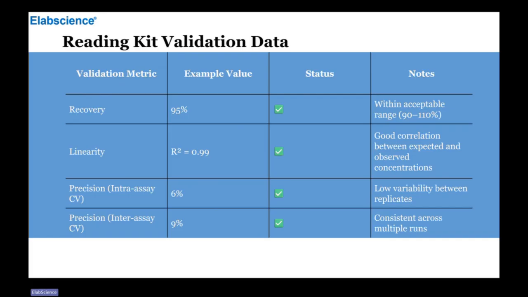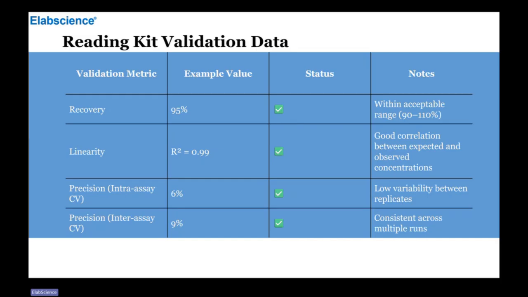Kit datasheets contain important validation data that you cannot overlook. Look first at the recovery rates. This tells you whether the kit accurately measures the target in different sample types. Linearity shows if the assay response is proportional across the concentrations, and precision includes the intra- and inter-assay variability, indicating how reproducible your measurements will be.